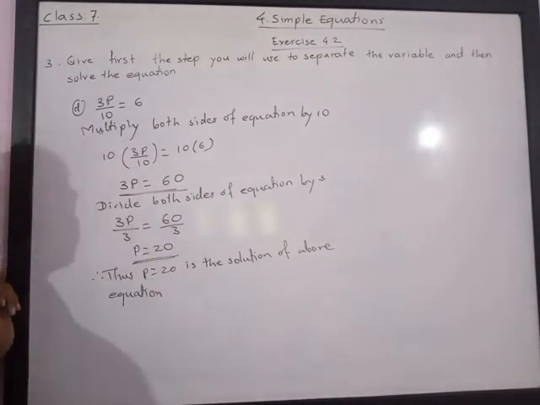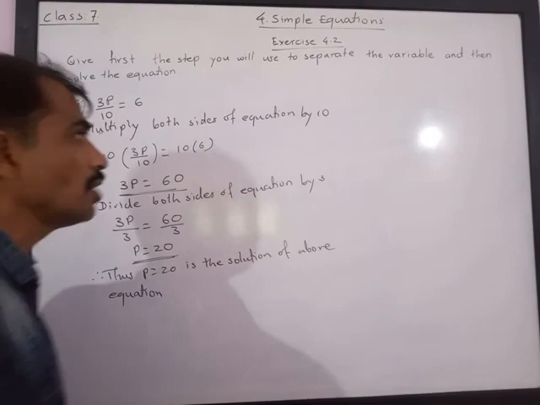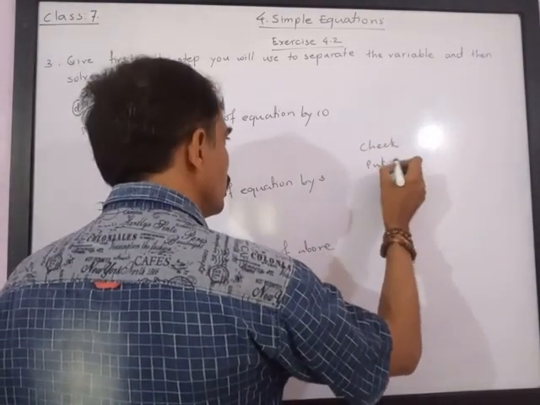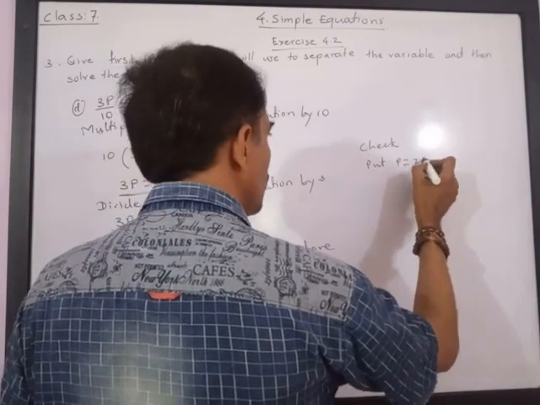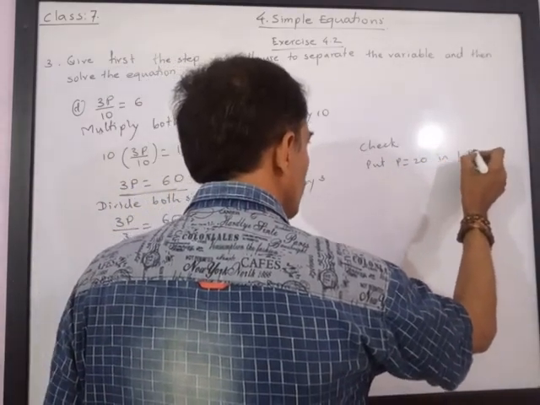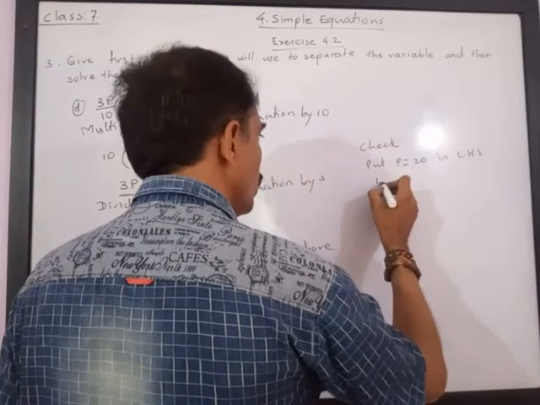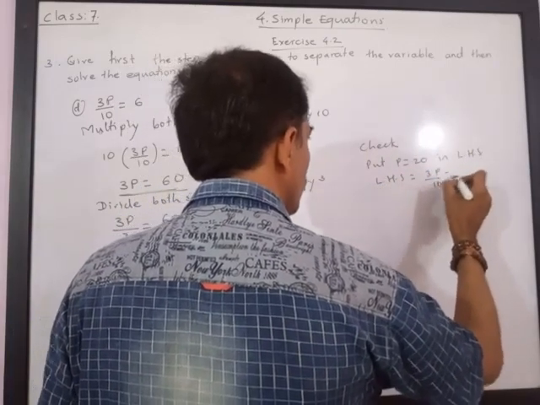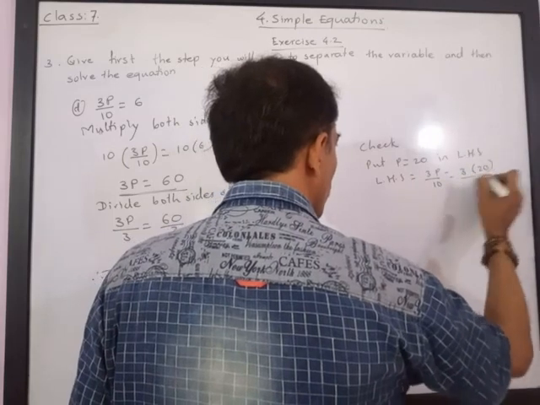Let us check whether we have solved correctly or not. So what we do for checking, put p is equal to 20 in the left hand side of the equation. We know that left hand side is equal to 3p upon 10, that is equal to 3 multiplied by 20 upon 10.